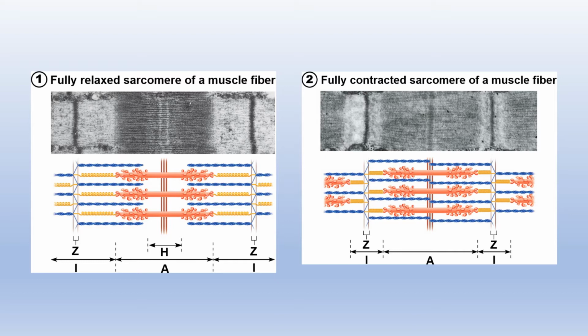But as the myosin heads reach up or reach down, attach to that actin filament and pull it towards the M line to shorten the muscle, that actin creeps into the H zone, making it disappear. Again, the I band shortens, the Z discs move closer to each other, the H zone disappears, and the A bands move closer to each other but do not change length.